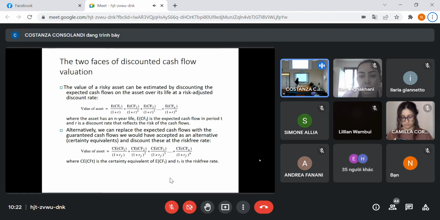Whereas for equity valuation, the appropriate discount rate will be the cost of equity, or in other words, the expected return on equity by shareholders. Okay, these are the discount rates: WACC for firm valuation, and cost of equity for equity valuation.